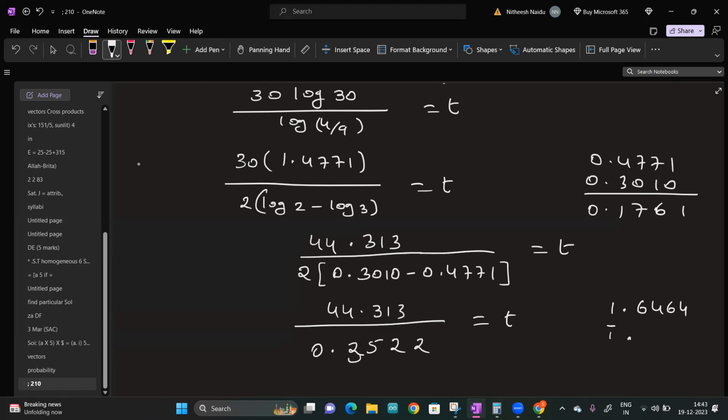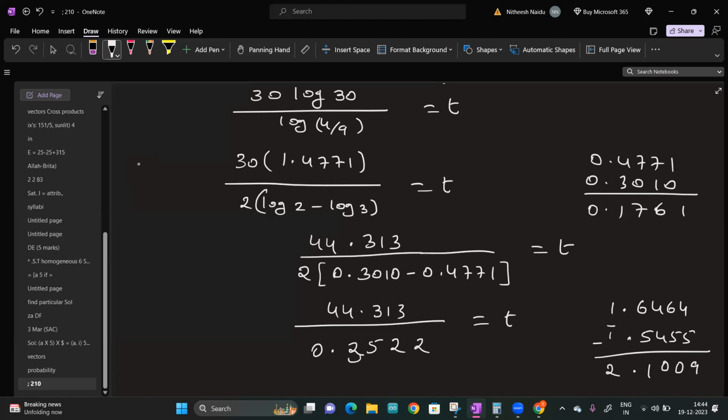Its logarithm is 5455. Now do the subtraction. 14 minus 5 is 9, this is 0 and this is also 0, and this is 1. Now tell me this value: plus 1, so 2.1009.